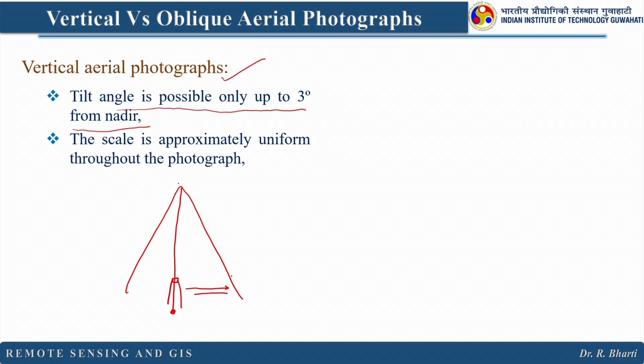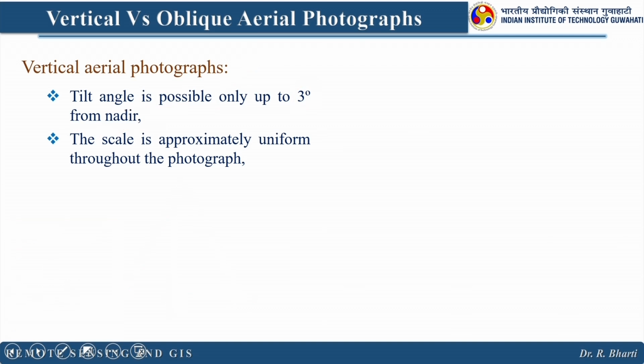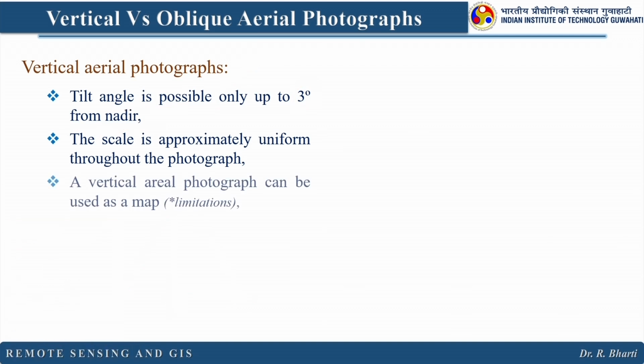You can see a little bit of the sides of the corner buildings. But assuming this is very small or negligible, and it is up to 3 degrees only, we say that this is a vertical aerial photograph.